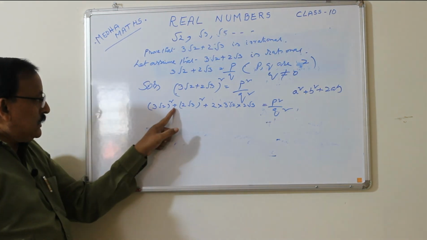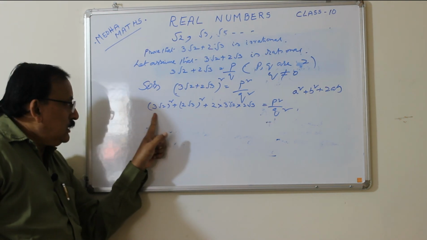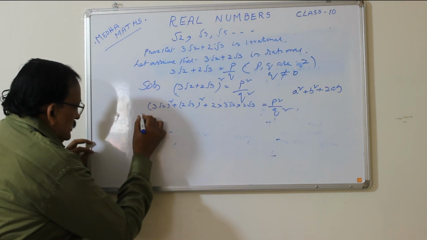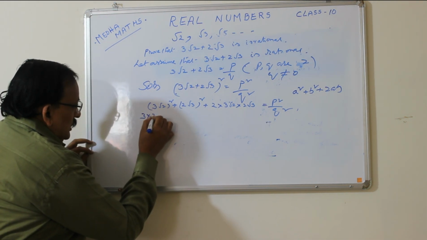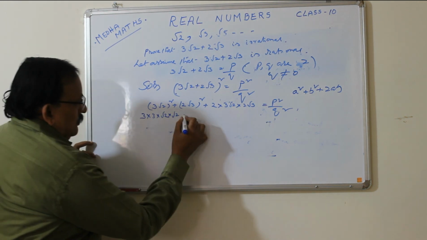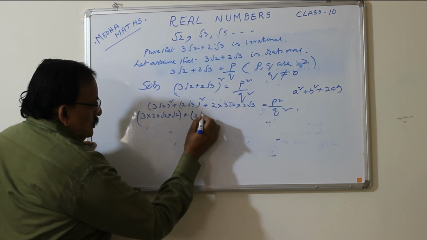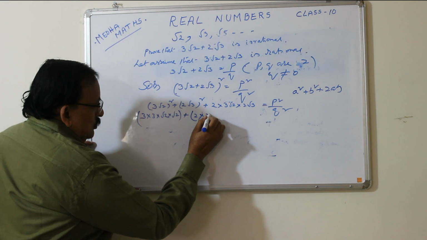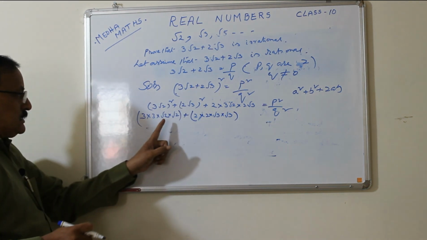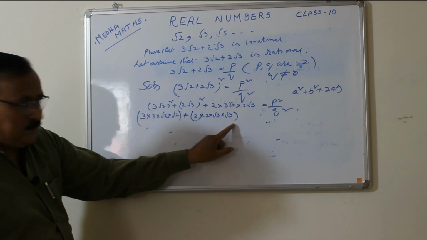Now for (3√2)², you have to multiply 3√2 into 3√2. So 3 into 3, and √2 into √2. This is the (3√2)². Plus, put brackets here, (2√3)², which is 2 into 2, √3 into √3. For convenience I have switched over here: √2 with √2, √3 with √3.